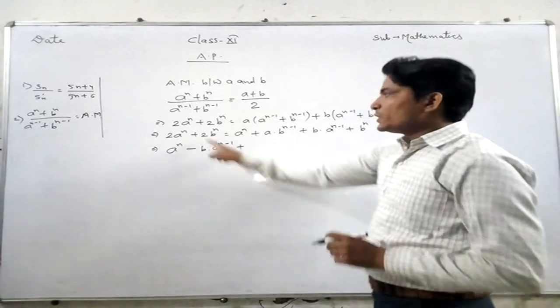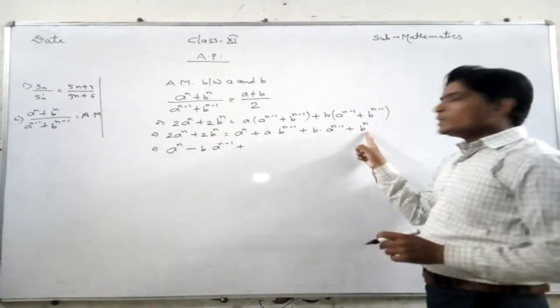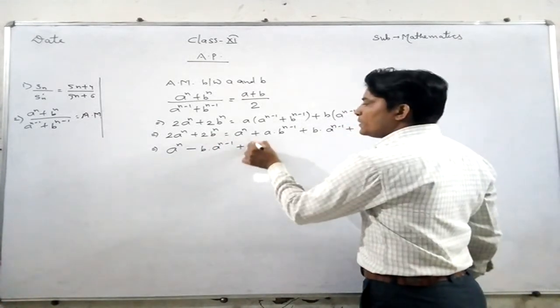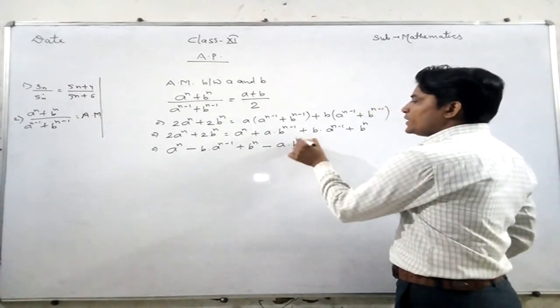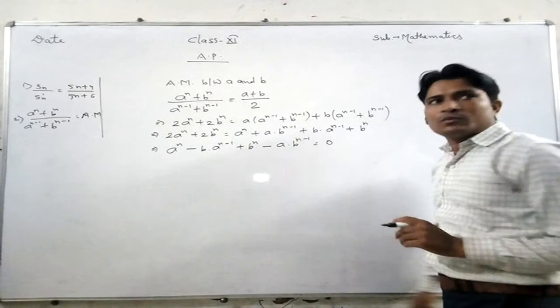Again 2bn minus bn is bn, minus a times bn minus 1, equal to 0.